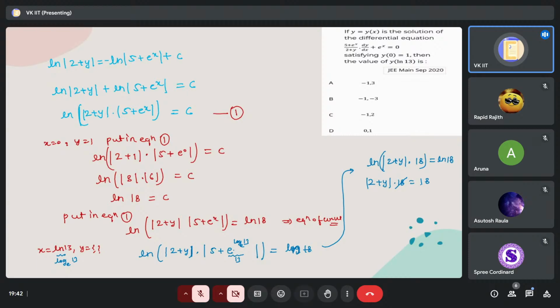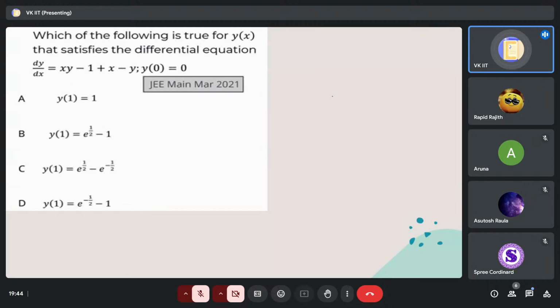Anyone got the answer? Fourth option, sir. Fourth option is the right answer. Correct.